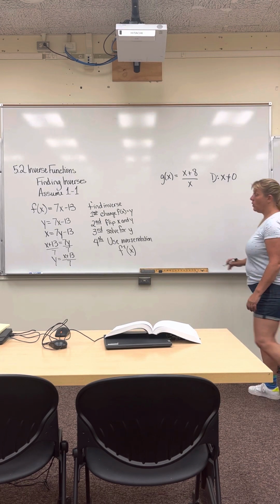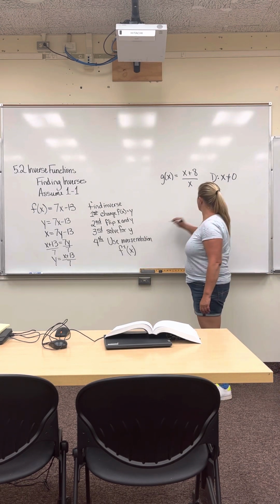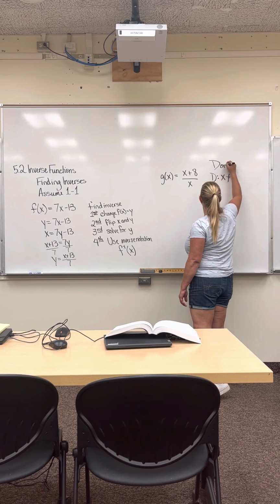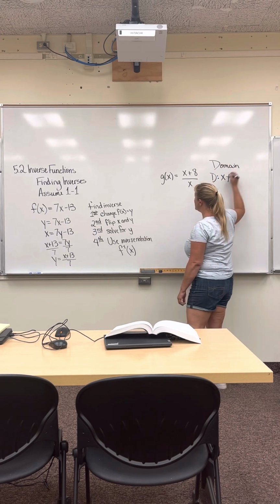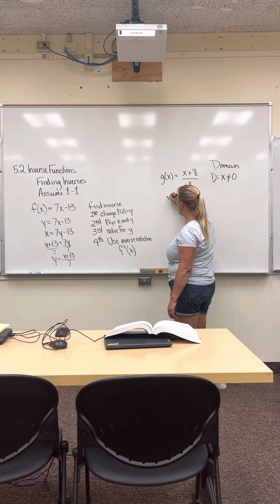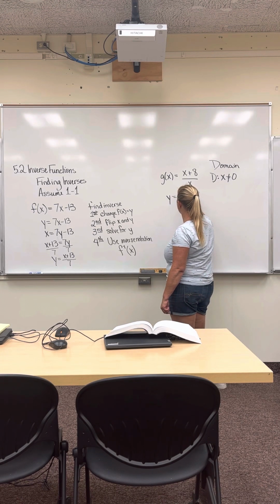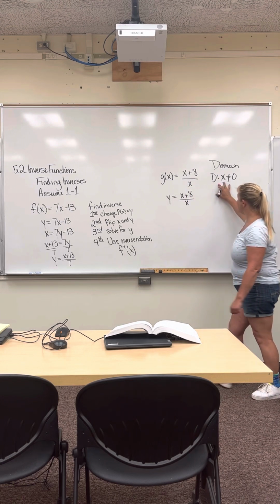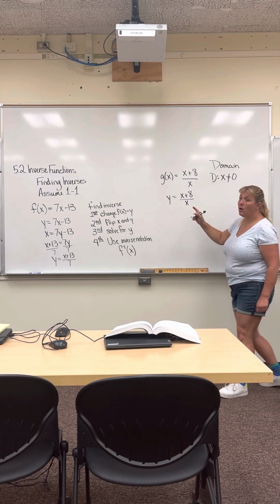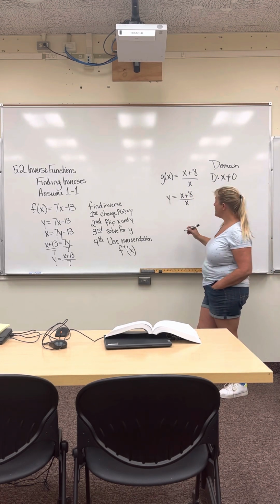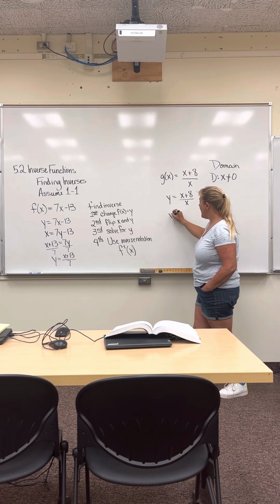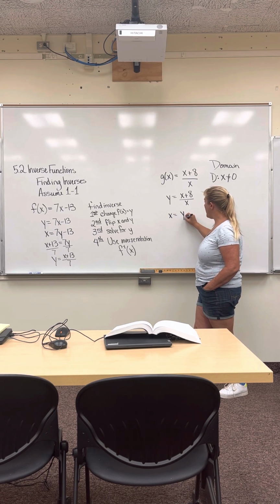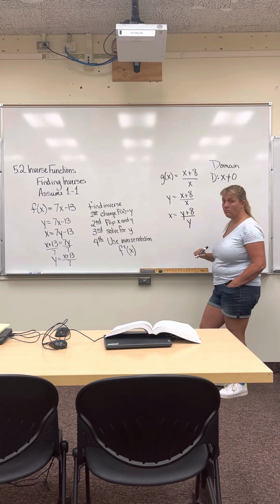So now we run through the steps. So we change this guy over to y. And this guy is still here, okay? And now I'm going to switch all of the x's and y's. So we're going to say x equals y plus 8 over y.